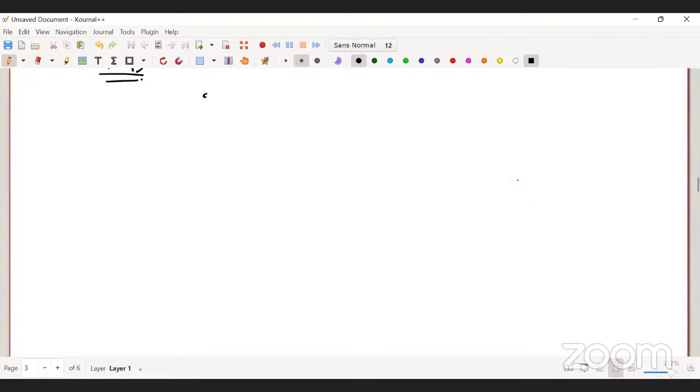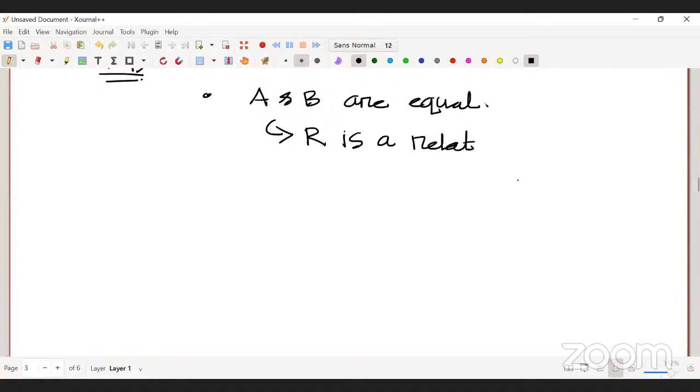So from now on, my sets A and B are equal. That means R is a relation on the set A.